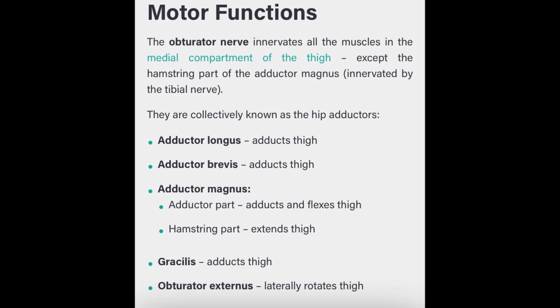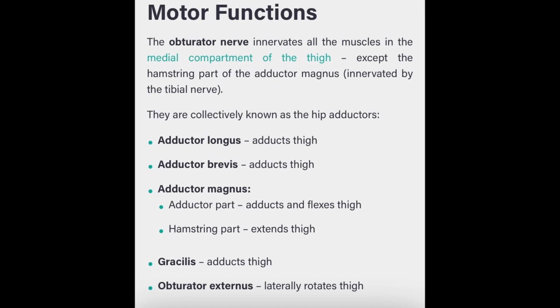Now we discuss the motor function of the obturator nerve. The obturator nerve innervates all the muscles in the medial compartment of the thigh except the hamstring part of the adductor magnus, which is supplied by the tibial nerve. The muscles of the medial compartment supplied by the obturator nerve are collectively known as the hip adductors.